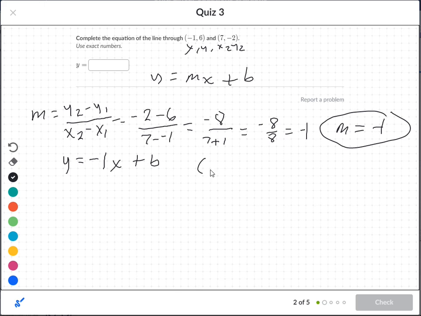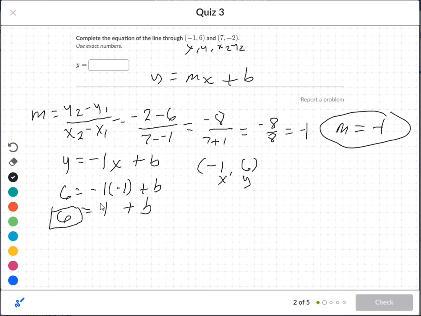Let's use the first point, so this is negative 1, 6. We call this x and we call this y. So the y is going to become 6. We're going to say negative 1 times negative 1, because the x is negative 1, plus b. So 6 is equal to 1 plus b.